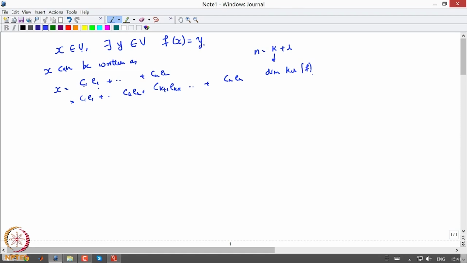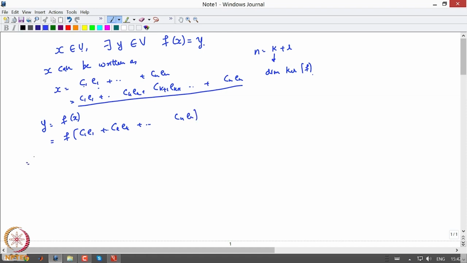Okay. Now, y is equal to f of x, right. Now, how will this vector transform under f? Well, this entire thing is C1 E1 plus up to Ck Ek plus all the way till Cn En. Okay. I will just expand it.